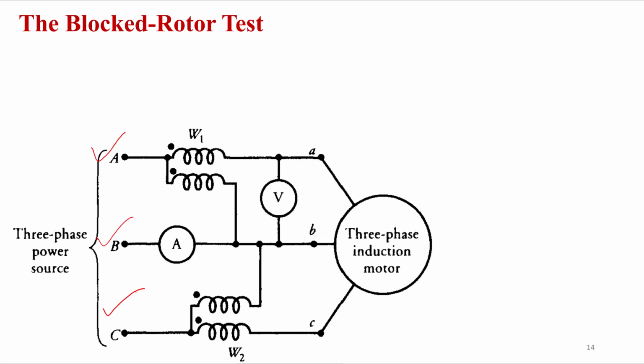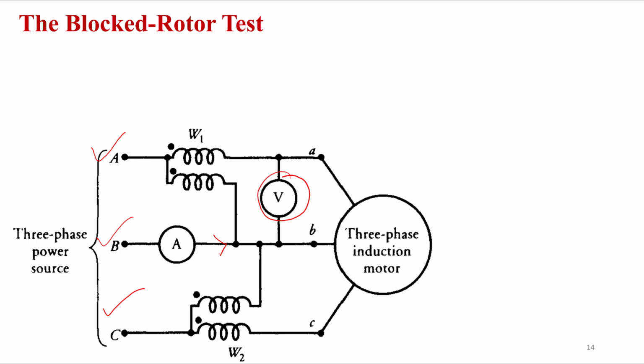When the rated current flows, we take the readings of voltmeter, ammeter, and wattmeter. What voltage will we read under Blocked-Rotor test? It will be very less, maybe around 6% of the rated voltage, right? Very less. And current will be the rated current, right?